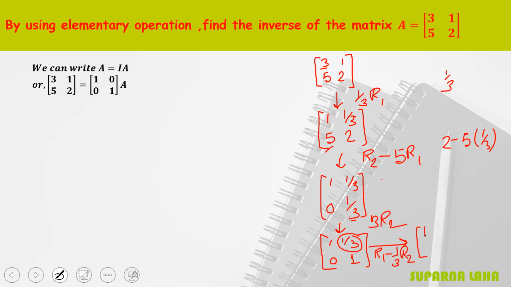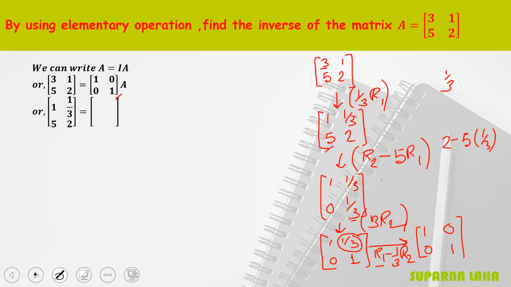So this will be 1, this will be 0, this will be 0, this will be 1. So first operation 1/3 of R1, second operation R2 minus 5 R1, third operation 3 R2 and fourth operation R1 minus 1/3 R2. Clear? So let's apply this to the identity matrix also.